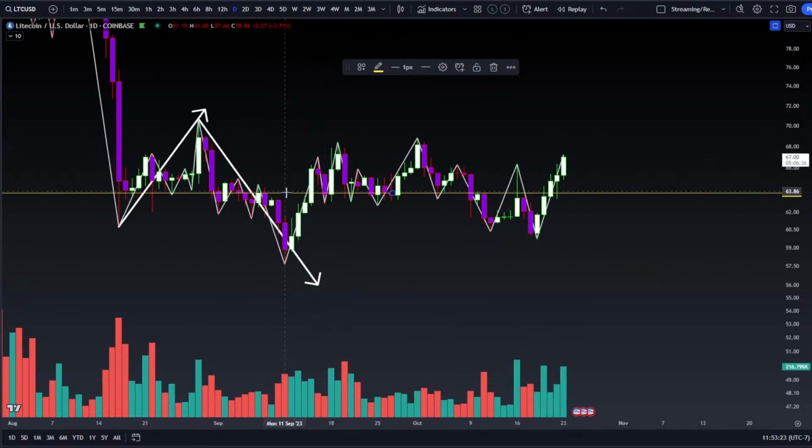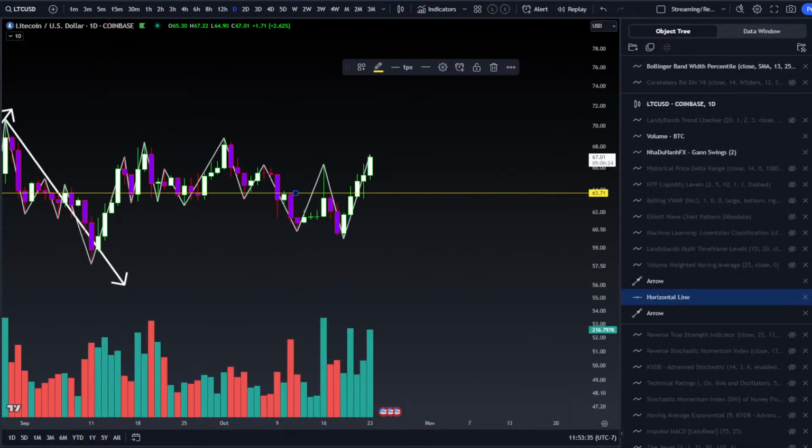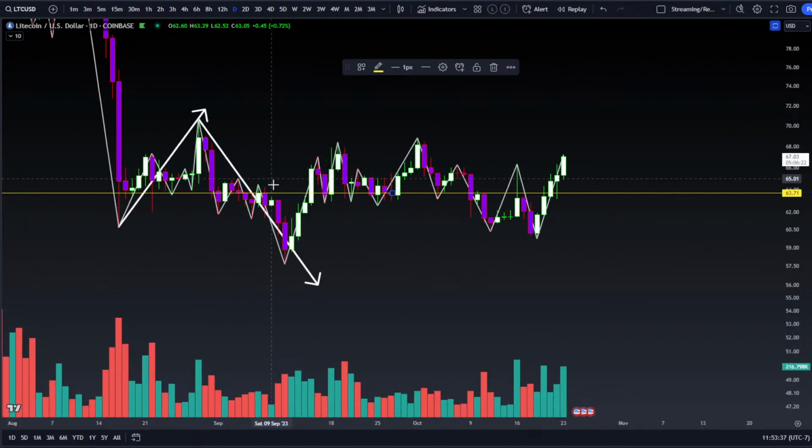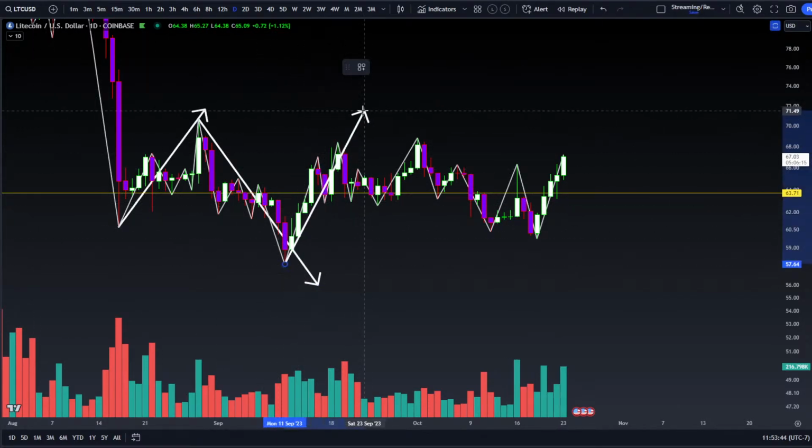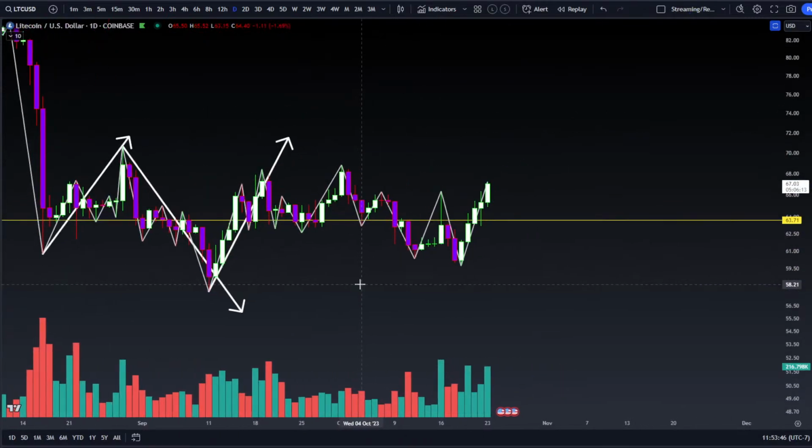Once we see a close above it, we start building the map, which is already somewhat built down. We don't use that map. We build a new one. You just save these maps as older maps in your objects tree, put them in a folder, whatever you'd like. And then once this area is breached on a close, we have an uptrend map from this low to the highs here, right?